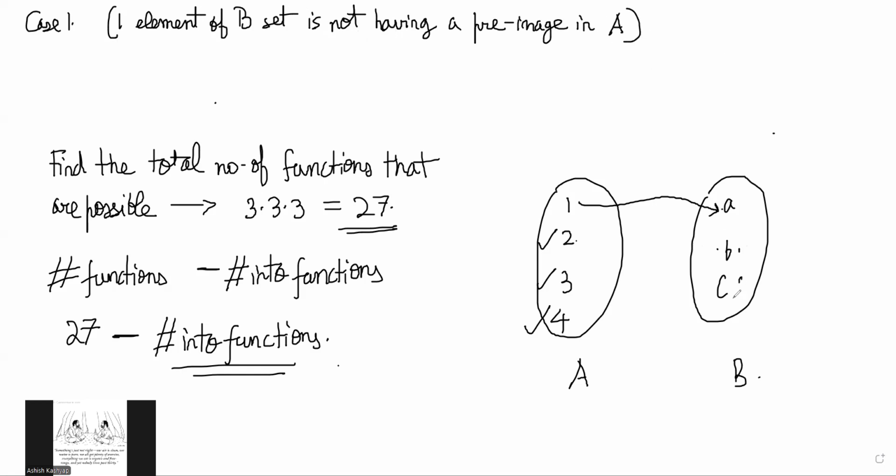So out of B and C, we cannot have A, as A has already been linked to 1, right? So you have to select that one element out of these two. So there are two choices for it, 2C1.